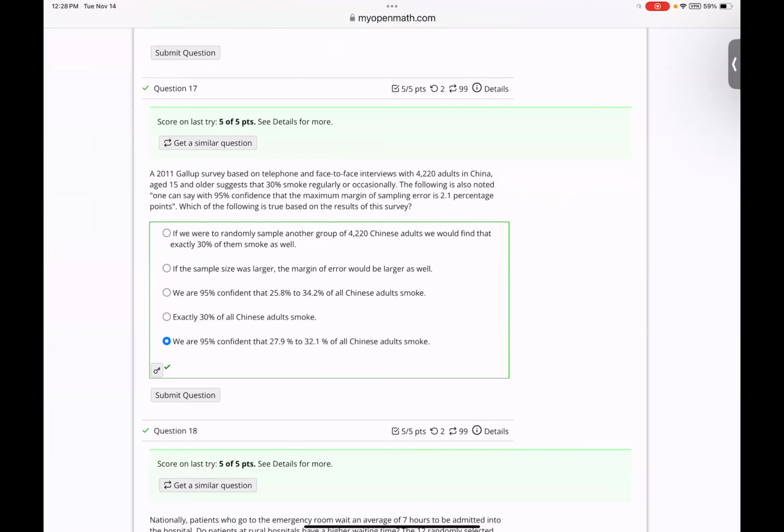So if we have a 95% confidence interval, we are 95% confident that somewhere between the 30% minus the sampling error, which would be 27.9, to 30% plus the sampling error of 2.1, so 32.1, between 27.9 and 32.1% of all Chinese adults smoke.